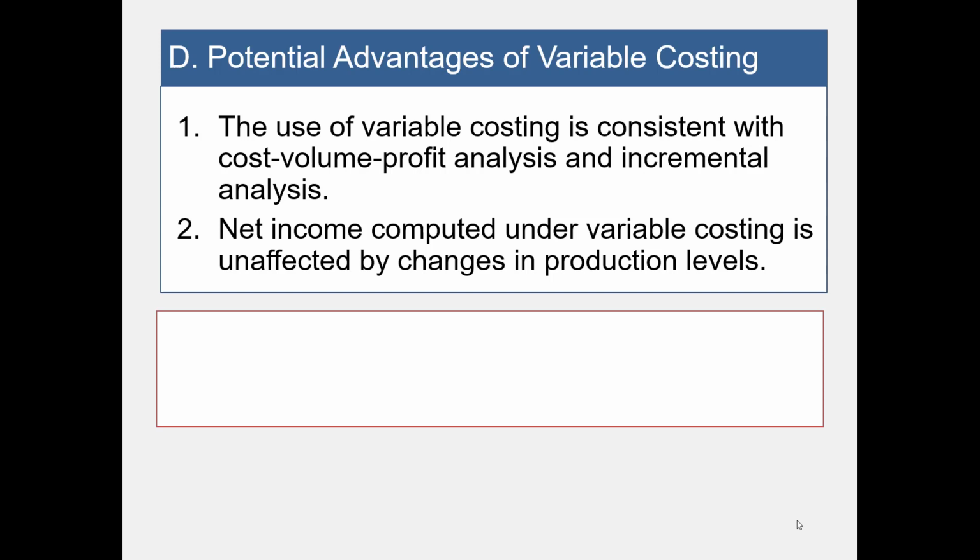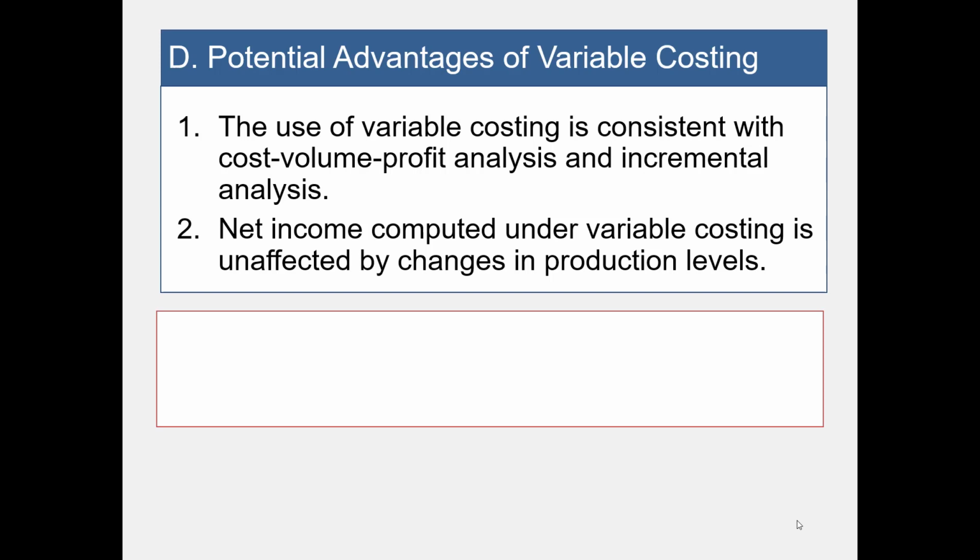The second advantage of variable costing is that income is not affected by changes in production levels. And what you'll find is that a company, or a manager, can manage their income simply by producing inventory that they know they cannot sell under absorption costing.